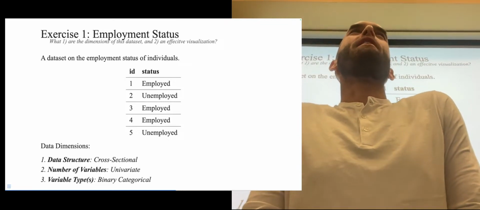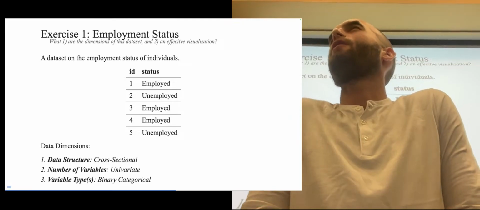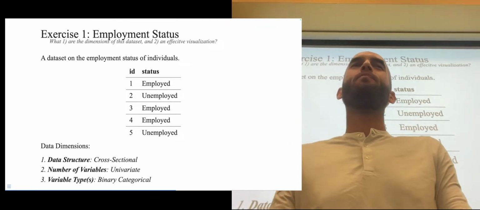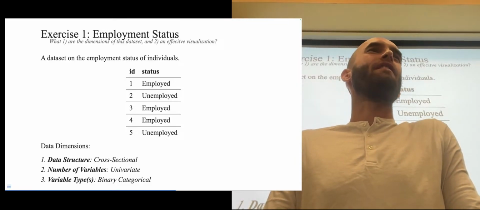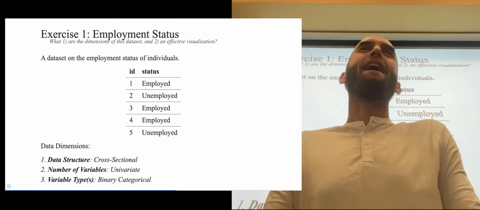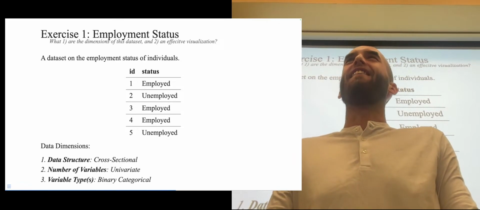All right, someone want to tell me what you would do? Yeah, a bar graph. So a bar graph is nice. Anyone do anything differently? Savi? Maybe a pie chart. If there is a use of a pie chart, it is with this data. Binary categorical.